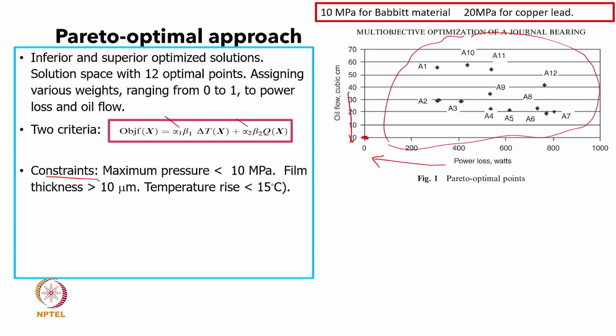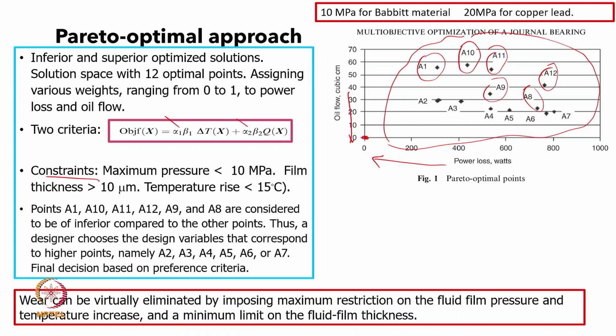Whichever points are coming near to this side, those are very good. Now here we know this point is far away, this point is far away, this point is also away, so that's why we say that these are the inferior points.